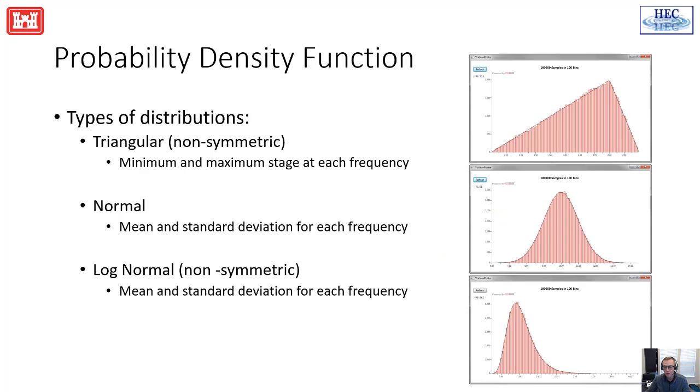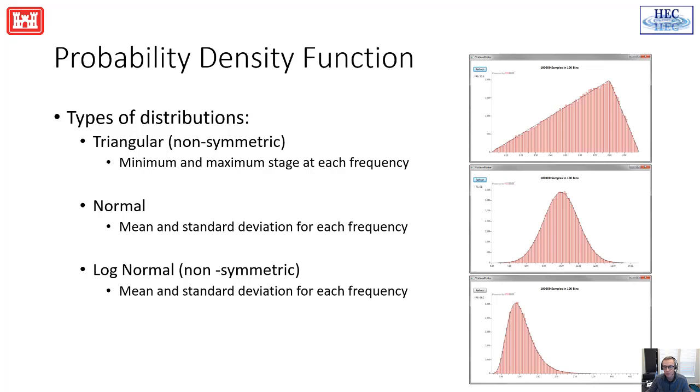We are familiar with the normal distribution from a basic introduction to statistics, but there are other distributions that we can use to describe the stage-discharge PDF. Each distribution is described a bit differently. The distributions are a triangular distribution, which is a two-parameter bounded probability distribution function defined by the minimum stage and the maximum stage.